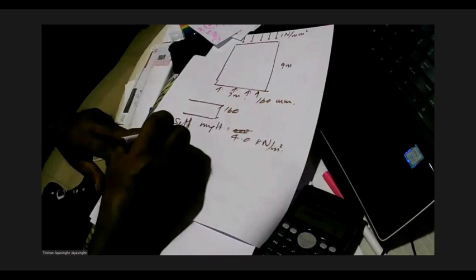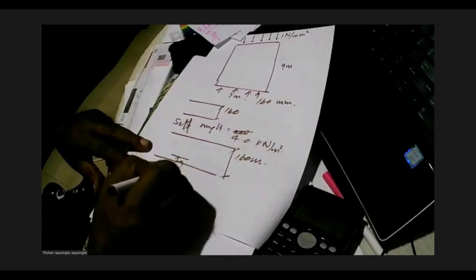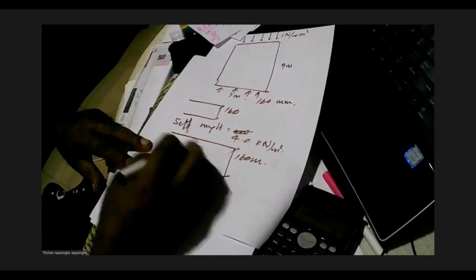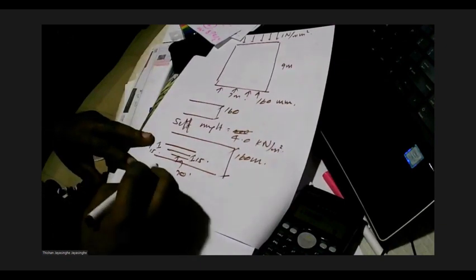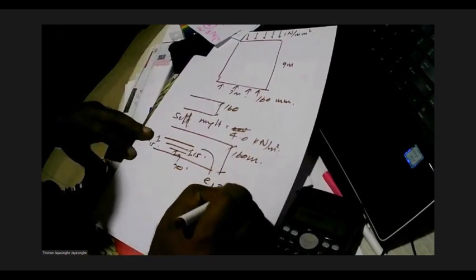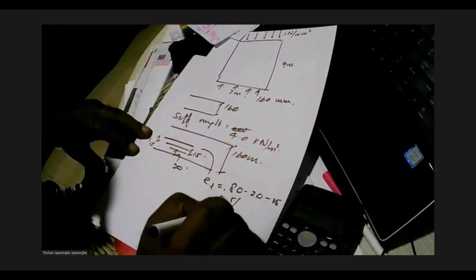So for that, we have to find the thickness, I assume 20 cover. So this is 15, and this is another 15. So the eccentricity in the longitudinal direction will be 80 minus 20 minus 15 minus 15 by 2.